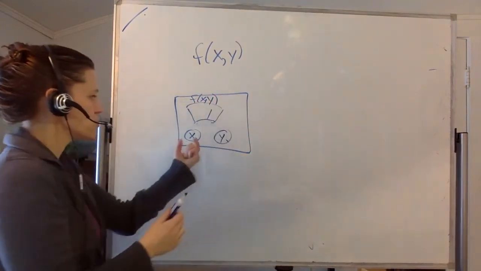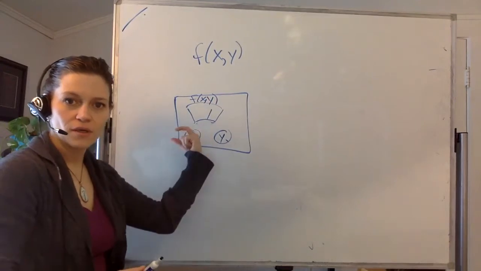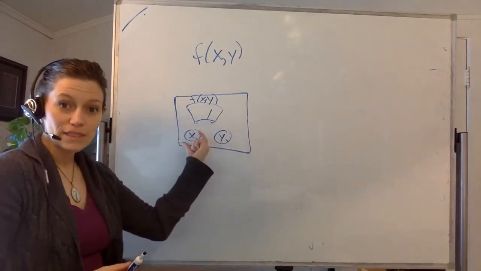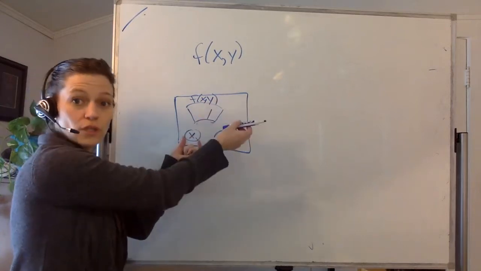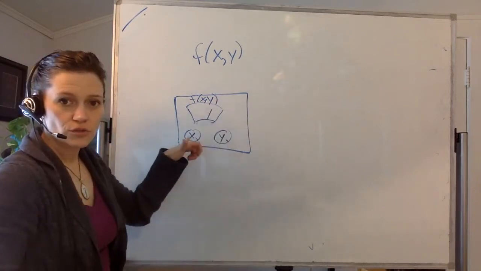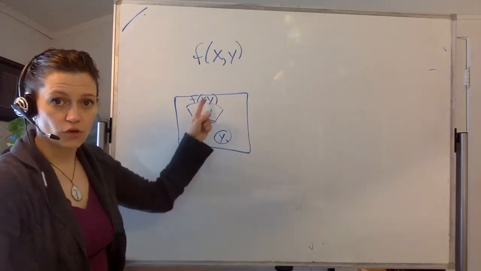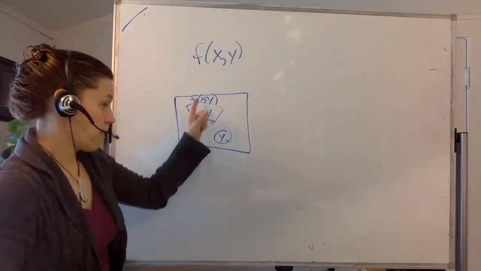Okay, so let's assume that I turn my x knob a little, just a teeny tiny amount, and then the dial moves a lot. That tells you that a small change in x greatly affects f of x, y.